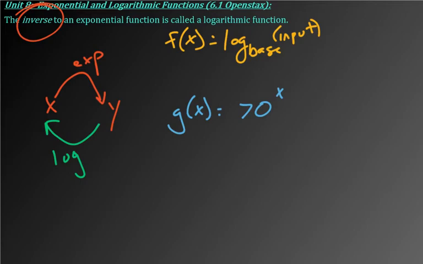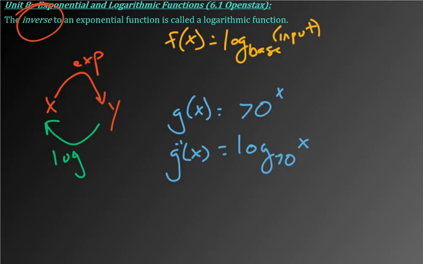And the easy thing, if you wanted to do the inverse to, say, g, all right? The inverse is a logarithm. You put log, and the really easy way to write it, if g of x is 70 to the x, the inverse, you just match up the bases. So we have 70 down here, and then we'll just put an x right there.